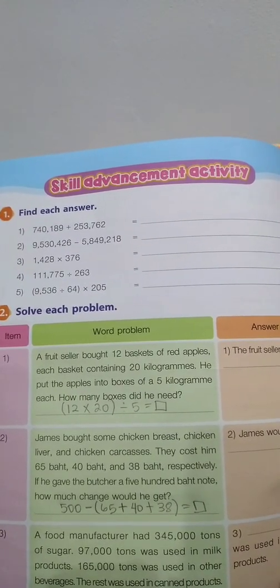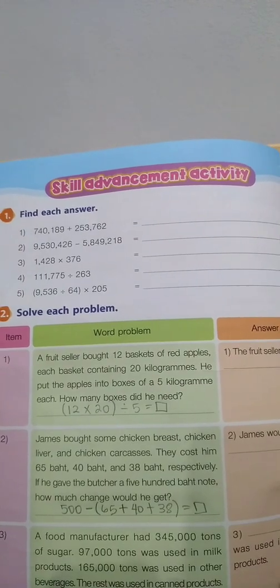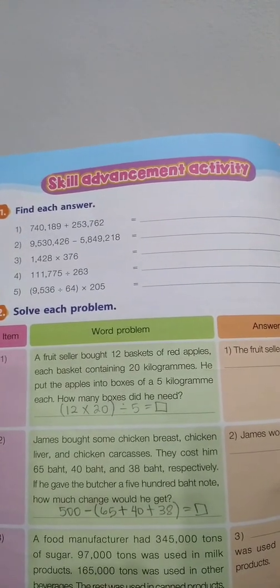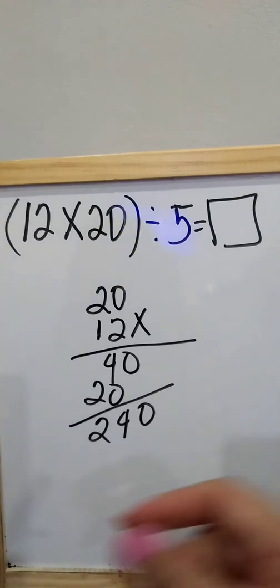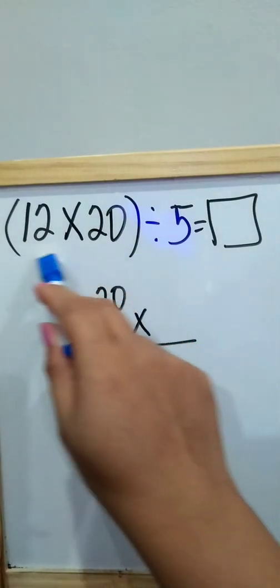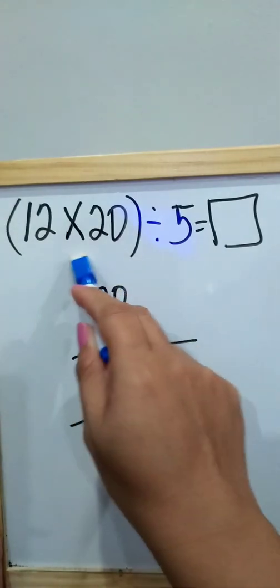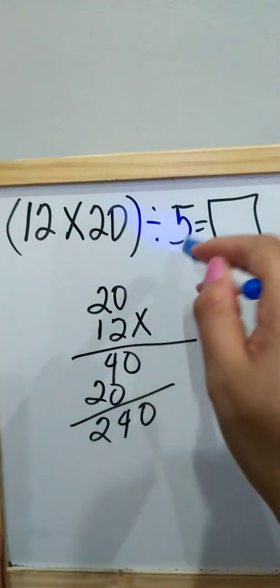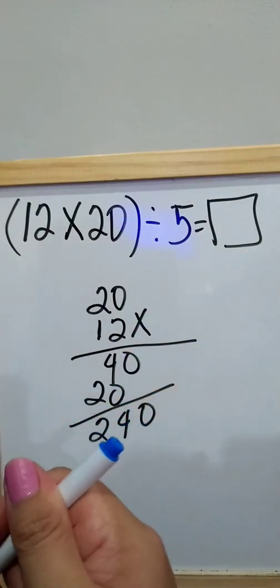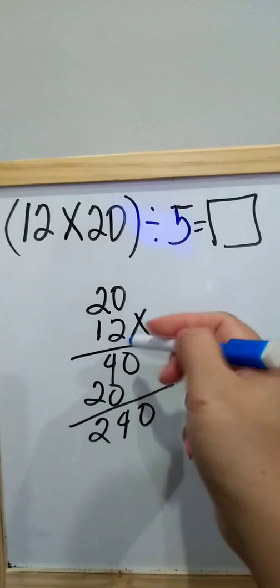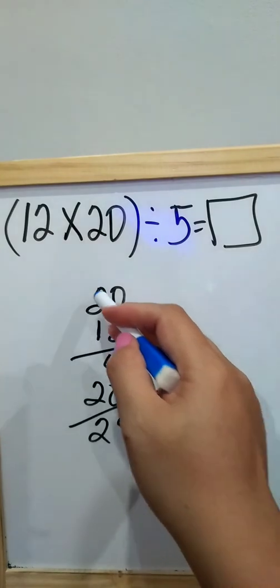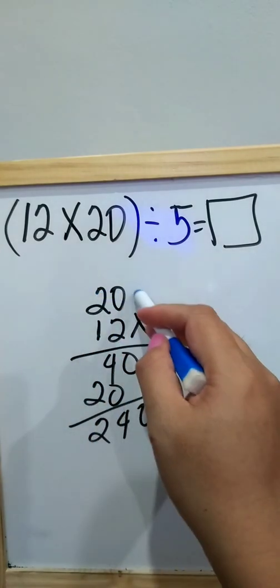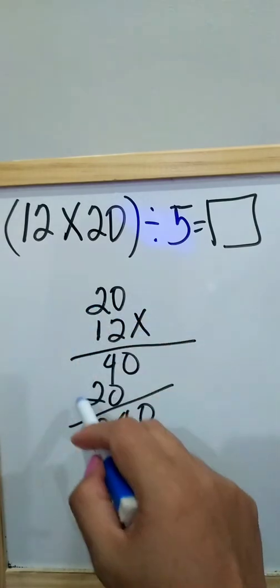Word problem number 1: 12 times 20 divided by 5 is equal to what? I'll show you how to get the answer. First we have to multiply these numbers before we divide by 5. 2 times 0 is equal to 0. 2 times 2 is equal to 4. 1 times 0 is equal to 0. 1 times 2 is equal to 2.